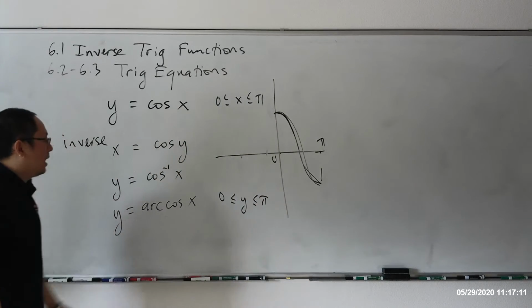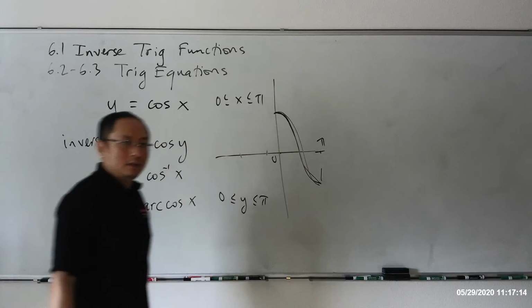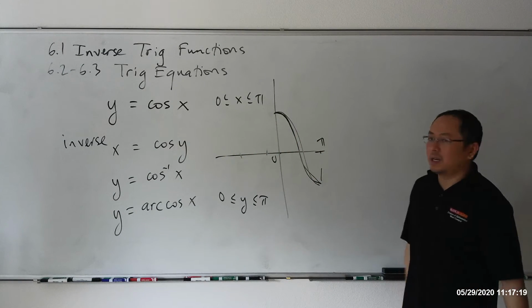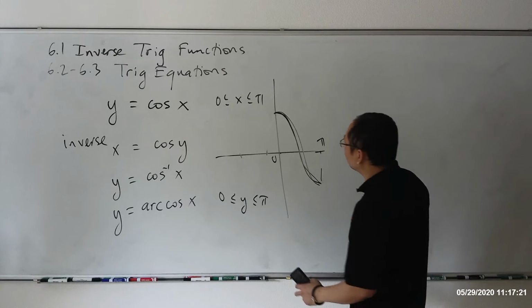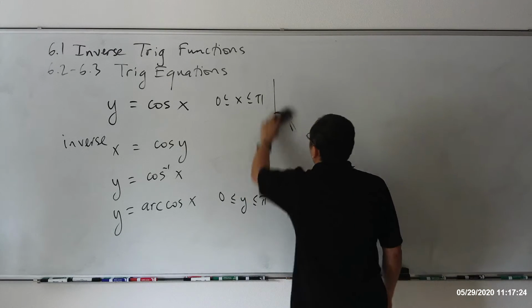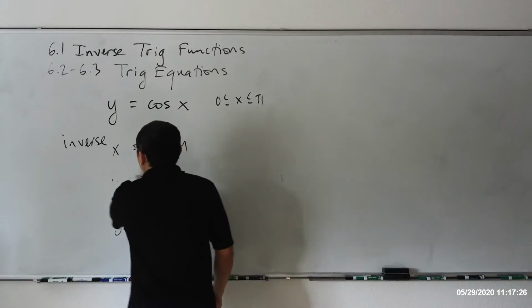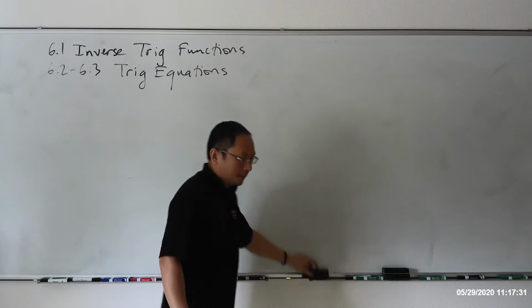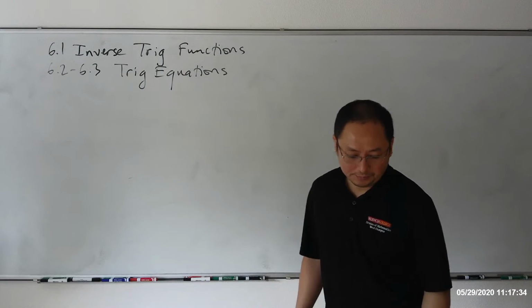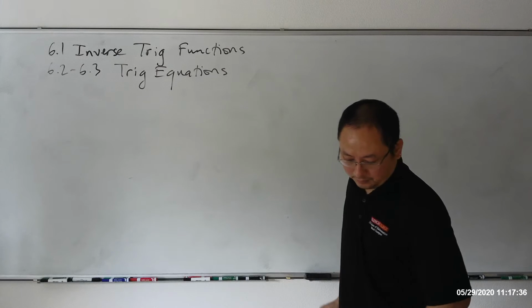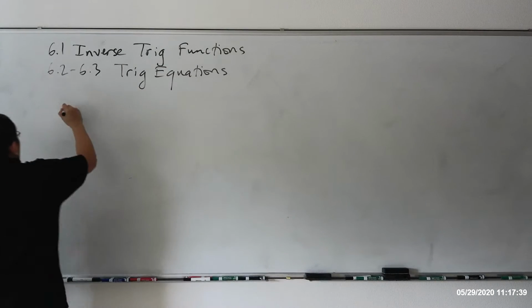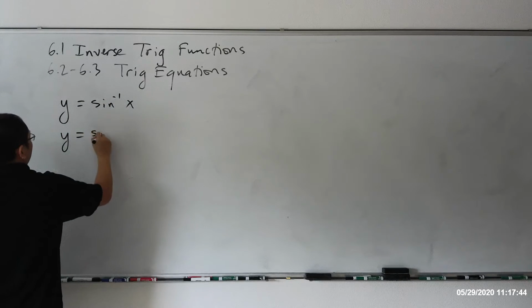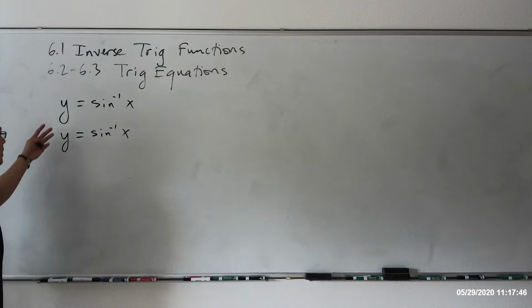And similarly for sine, tangent, cotangent, secant, cosecant; cosine is already done. So let's make it easier. Let me just make a table of the domain and range of the inverse functions. So we have a couple of inverse functions: y equal to sine inverse of x, and the cosine inverse.